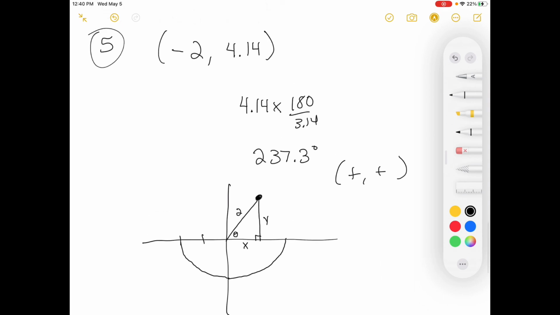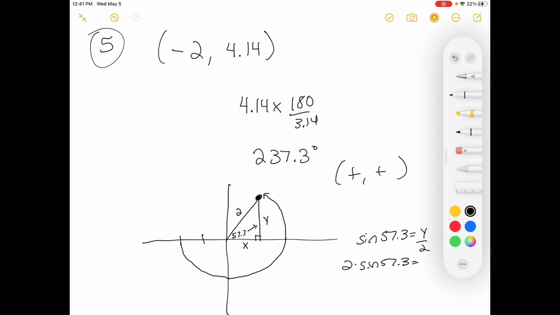So what we've got to figure out is, once we got to 180, how far did we go to here? In degrees, we went 57.3. All right, let's do sine 57.3 equals y over 2. 2 times sine 57.3 equals y.